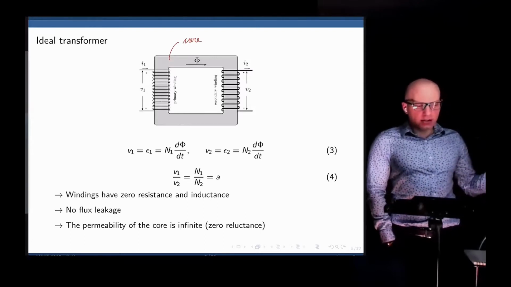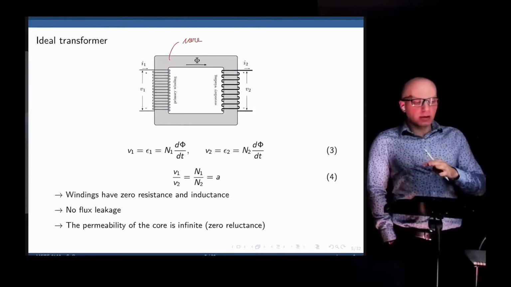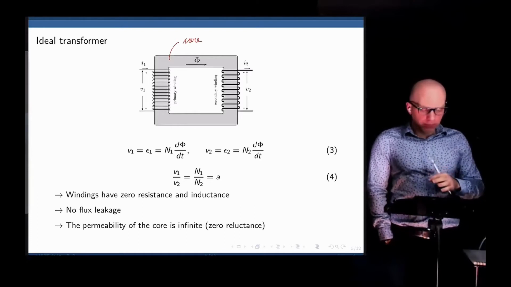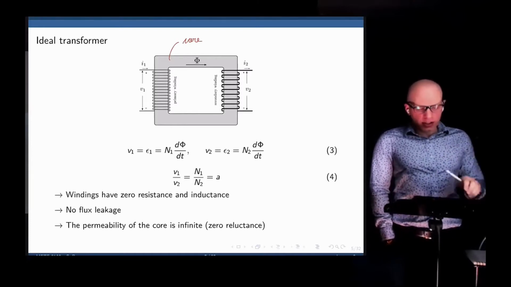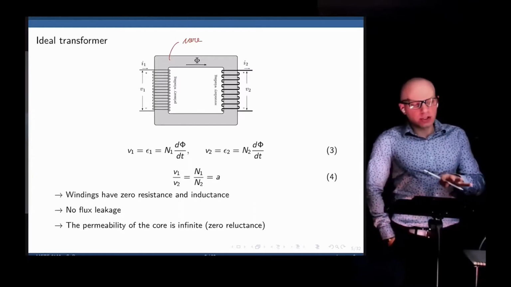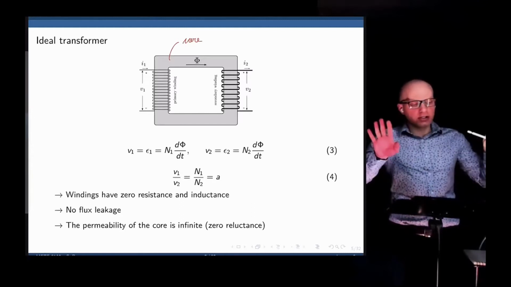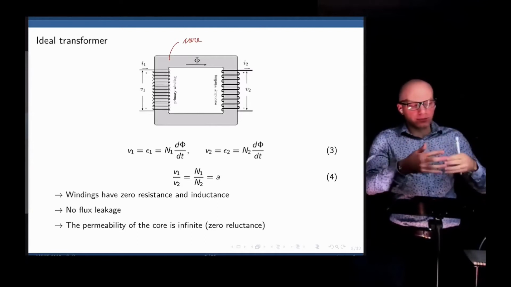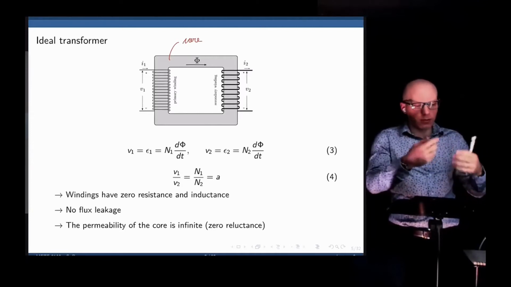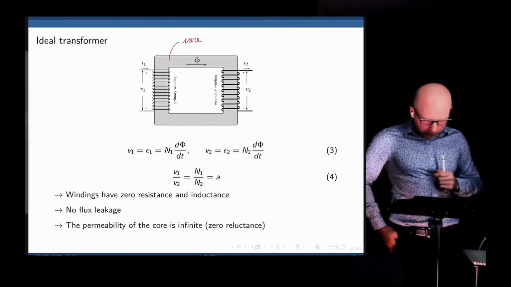And we have a secondary winding with a different number of turns than the primary winding, which is again built around the same core. This is, of course, a simplified configuration because you have the two coils that are separated. But if you look at an actual transformer, they will overlap. They are always wound around the same core and they overlap.